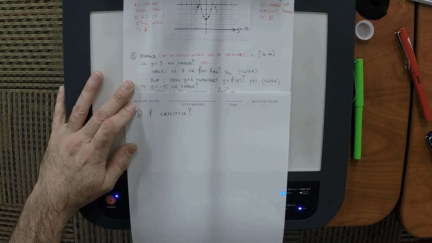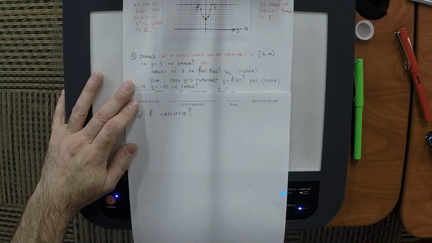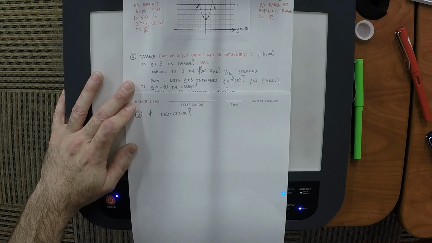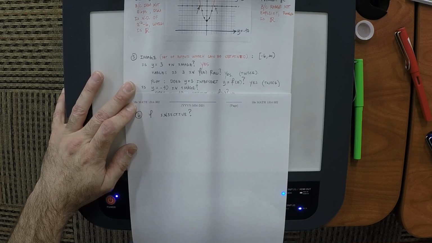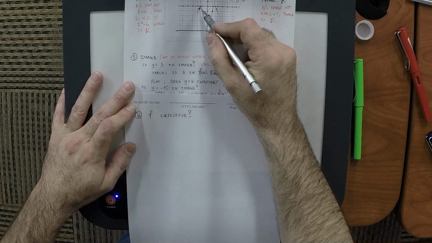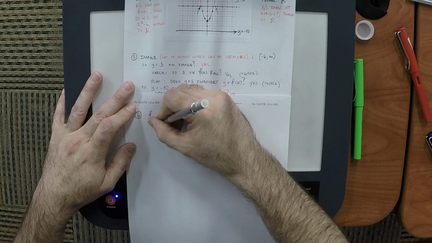So is it the case that every candy bar can be achieved with just one button? No, right? Why not? Because there are multiple x options. They don't give you the same output, because it's a parabola. So the answer is no.